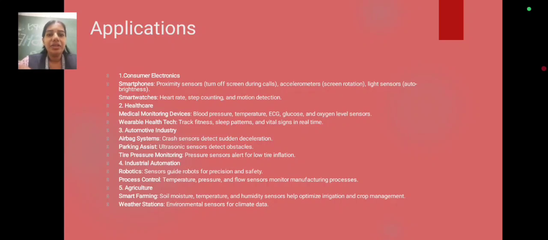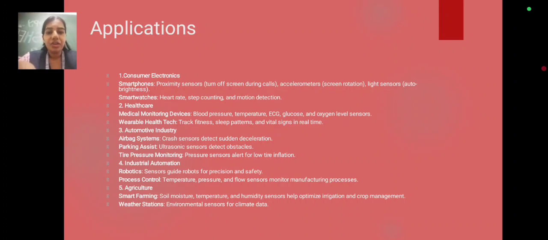Then the second application is healthcare. Examples of healthcare are medical monitoring devices and wearable health trackers. Then the automotive industry. In the automotive industry: airbag systems, parking assistance, then tire pressure monitoring. The next application is industrial automation, that is in robotics and process control.